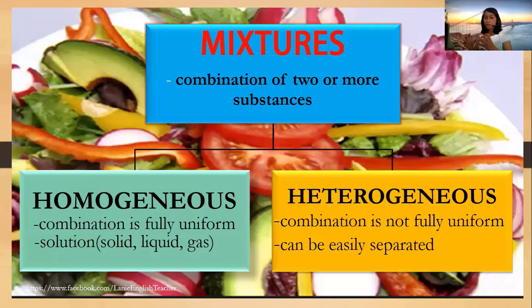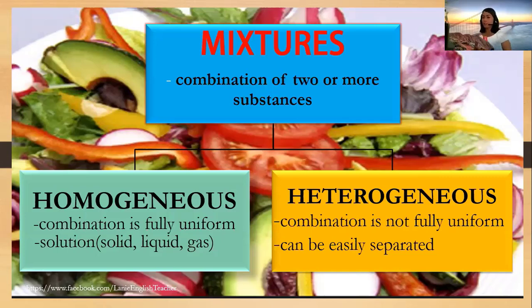If the combination of two or more substances is fully uniform, what I mean is the combination is evenly distributed and there is only one part seen after the combination, and you cannot even separate them by physical means or mechanical filtration, and that is homogeneous.